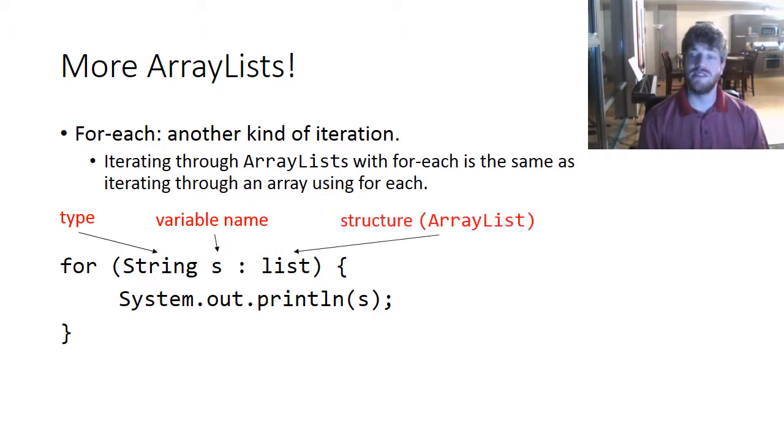And then finally, we specify the actual thing that we're iterating through. In this case, it's an array list. And remember that the way to read this is you read the for as for each and the colon as in. So this is for each string s in list.